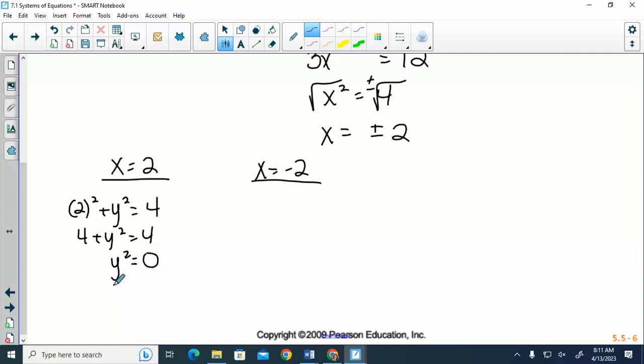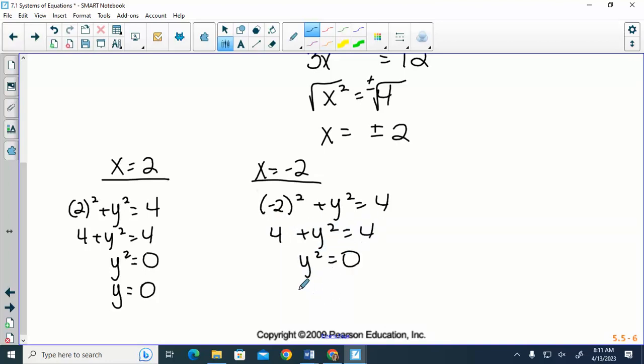And since it's a square root, you would have to do plus and minus, but positive 0, negative 0, that's the same. So we just get 1 y. What do we get with this one? So my two answers are 2, 0, and negative 2, 0.